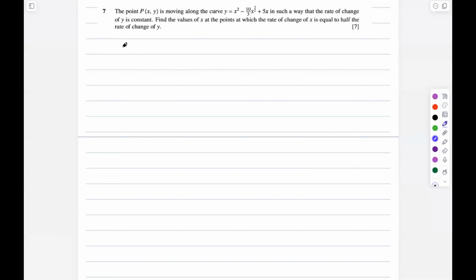Now, when we are talking about the rate of change of x and the rate of change of y, we know that the formula is dy by dt equals dy by dx multiplied by dx by dt. Now, in this question, it says that the rate of change of x is equal to half the rate of change of y. So we can write that dy by dt is basically twice dx by dt.